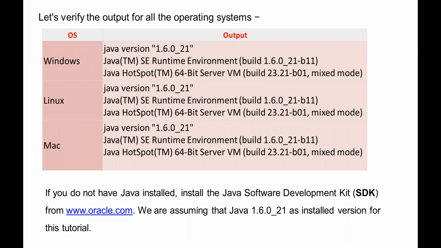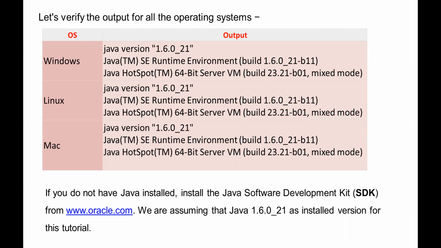Java is a trademark of the Java SE Runtime Environment, build 1.6.0_21, and we can find the Java HotSpot 64-bit Server VM, build 23, mixed mode. Later we can see the other operating systems, Linux and Mac.